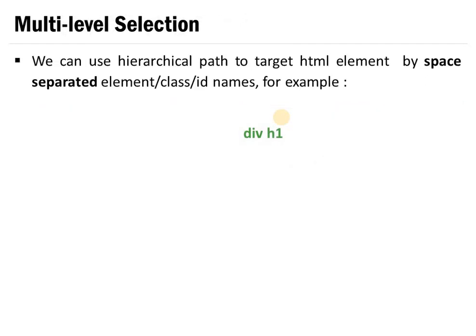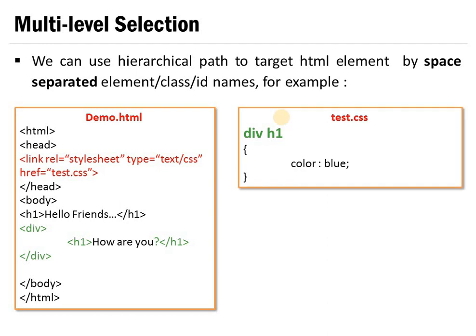After that, multi-level selection. We can use a hierarchical path to target an HTML element by space-separated element, class and ID names. For example, over here you can see this is our body tag. Within body I have one h1 tag, and after that there is one div tag. Div is short for division.